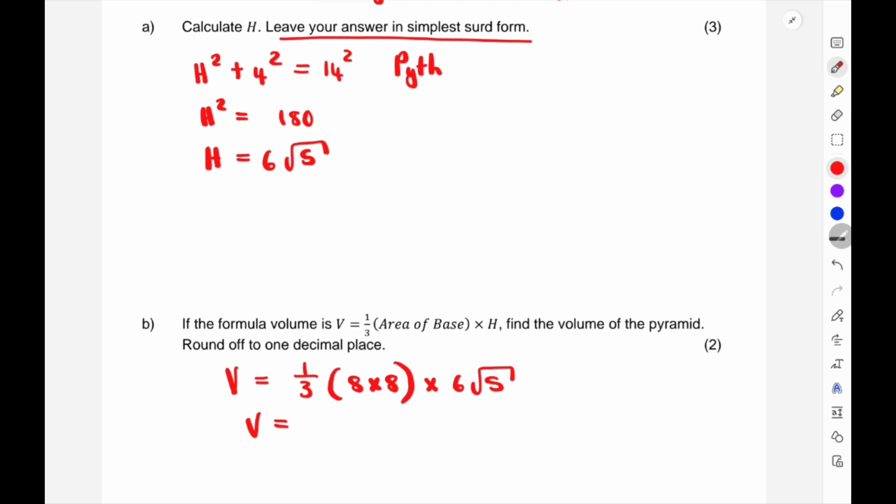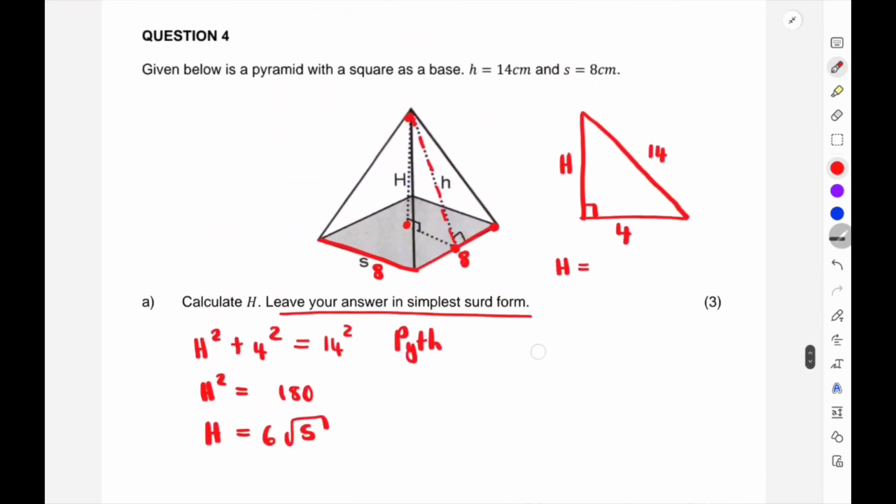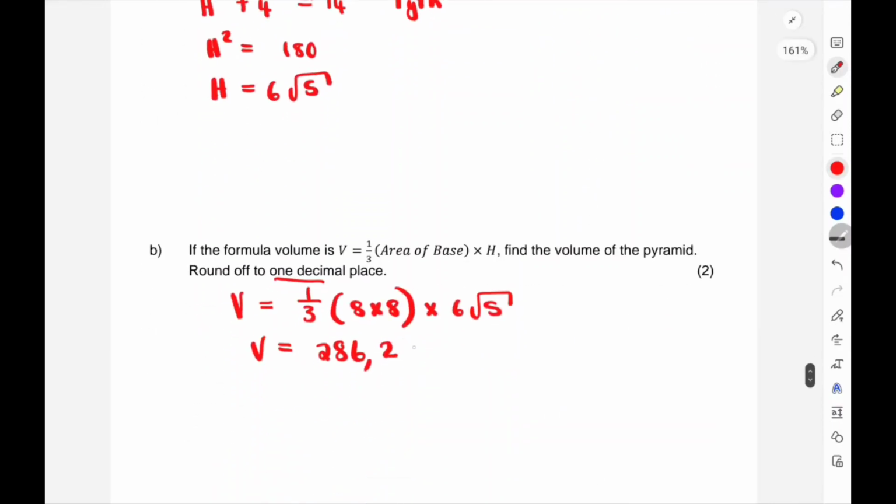So the volume is equal to 1 divided by 3 times 64 times 6 square root of 5, which gives you 286,2 rounded off to 1 decimal place, and it is in centimeters, and because it's volume I have to put a 3 cubed.